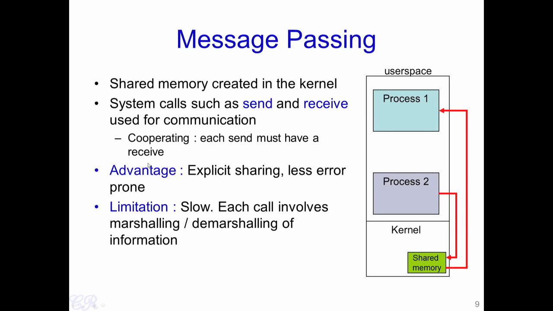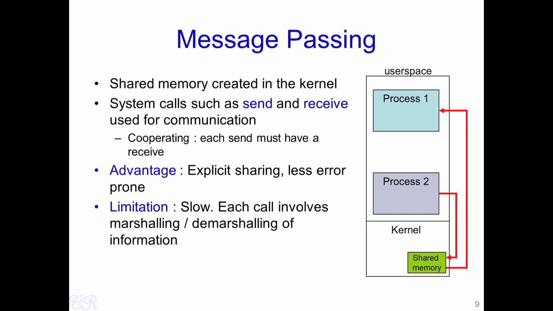The advantage of this particular message passing is that the sharing is explicit. Essentially, both process 1 and process 2 would require support from the kernel to transfer data between each other. The limitation is that it is slow. Each call for the send or receive involves the marshalling and demarshalling of information, and as we know, in general a system call has significant overheads.